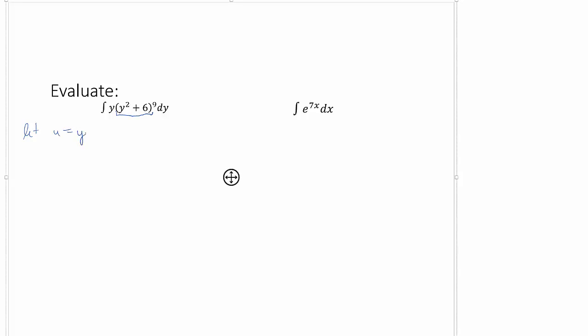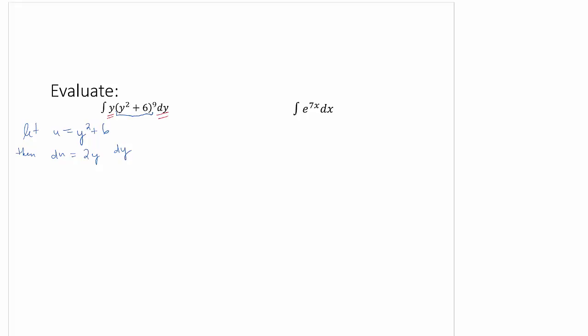So I'm going to let u equal y squared plus 6. Then du would be 2y dy. And now we look at this and say, okay, I notice that I've got a y and a dy, so this is good. This is going to help with the substitution.